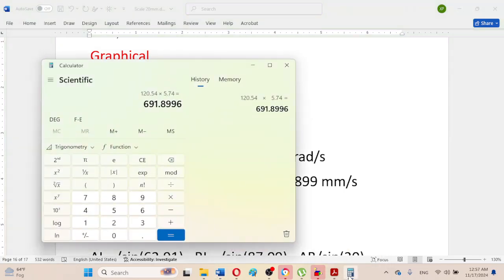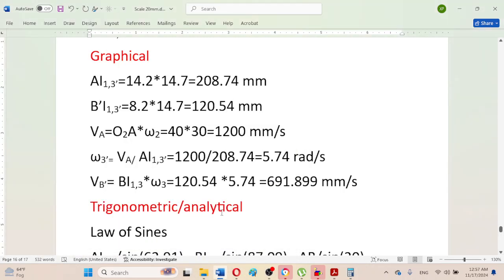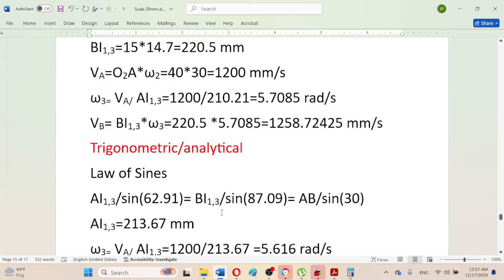So that can also be observed if we want to plot the direction of the motion of the slider.